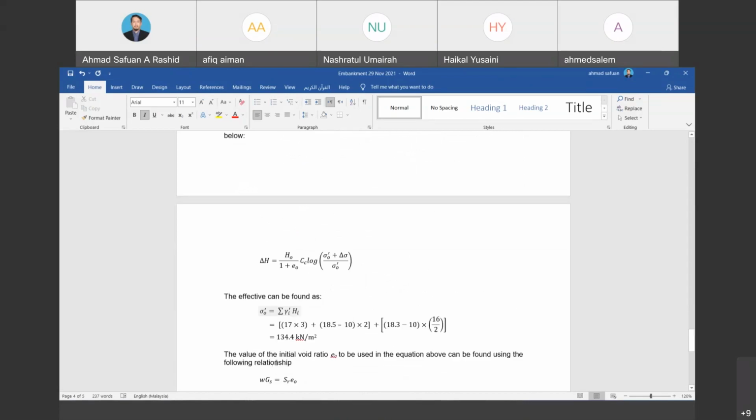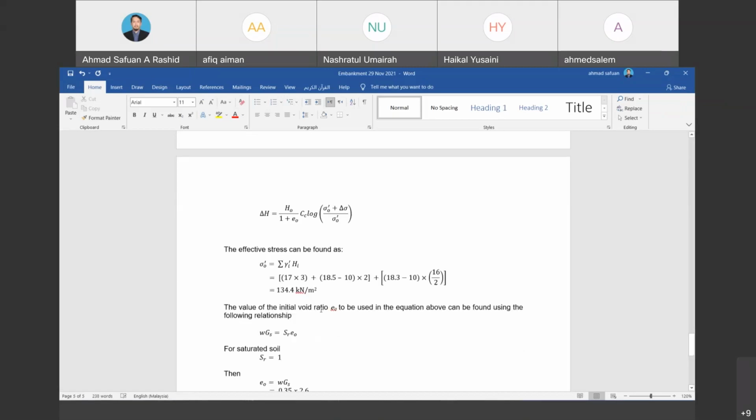So 17 times 3, plus 18.5 minus 10, which is the unit weight of water, times 2, then plus 18.3 minus 10 times 16 over 2, which is the height of the middle layer. The value of sigma naught, or effective stress, is equal to 134.4.